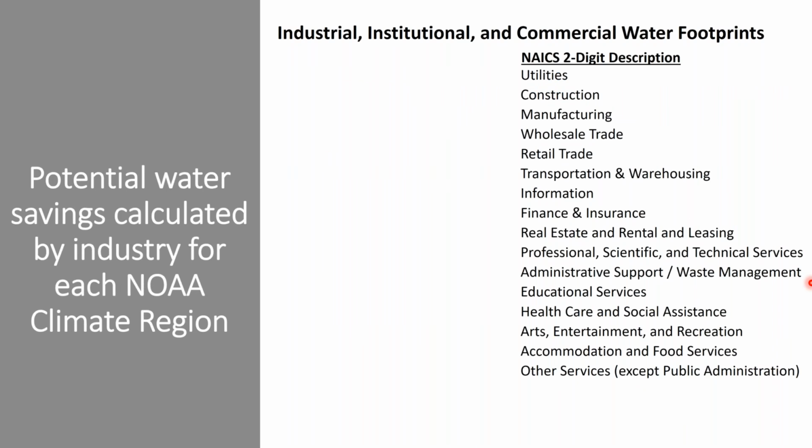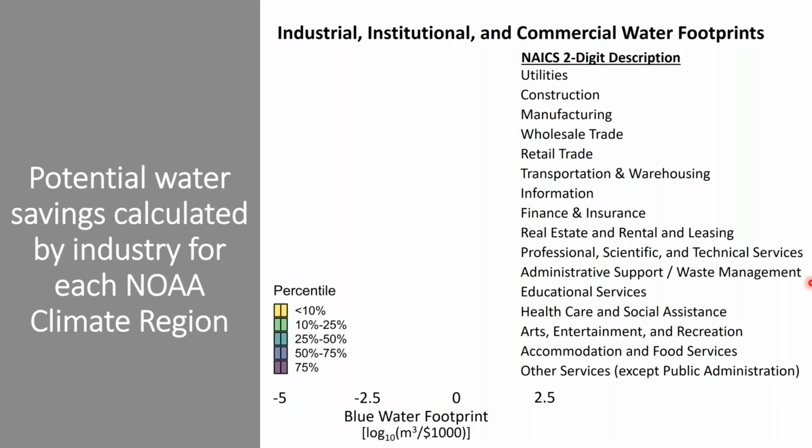And so this shows industrial, institutional, and commercial water footprints. We did this for over 350 different industries. Because it's difficult to show in this presentation, here we aggregated them to the North American Industrial Classification System, 2-digit description.